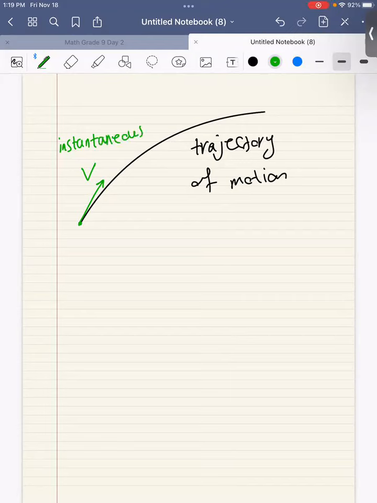Okay, so like any vector, the velocity also has two components. You have the x component, which I call Vx, and the y component, which I call Vy.